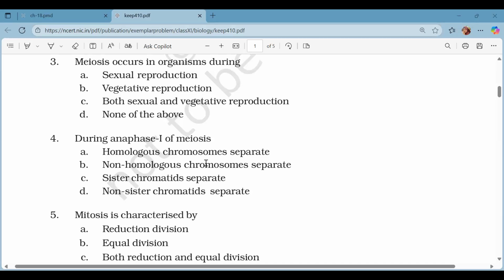Yes or no, students? No separation of centromere takes place. Only the chromosomes together separate. The two chromatids that are joined together at the centromere, the whole entire centromere goes to the opposite poles. So there's no splitting of centromere.